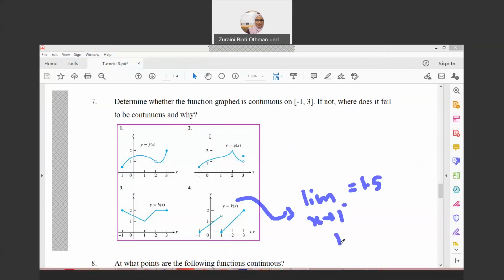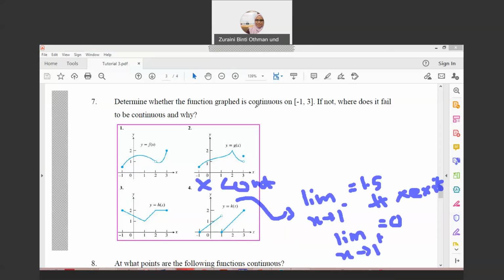But the limit as x approaches 1 from the right hand side is equal to 0. So these two are not equal, so the limit does not exist. And when the limit does not exist, it is not continuous. Okay, so that's the reason why. Okay, finish with number 7.